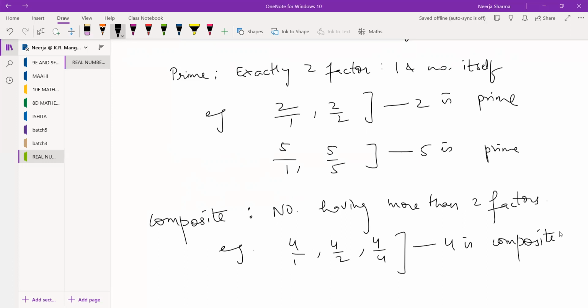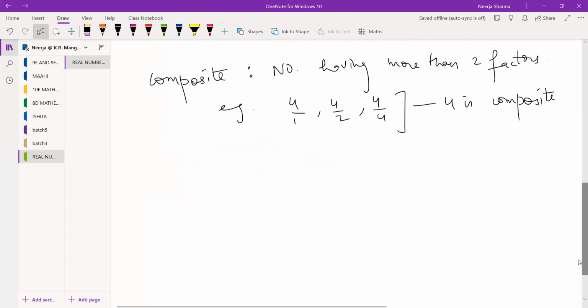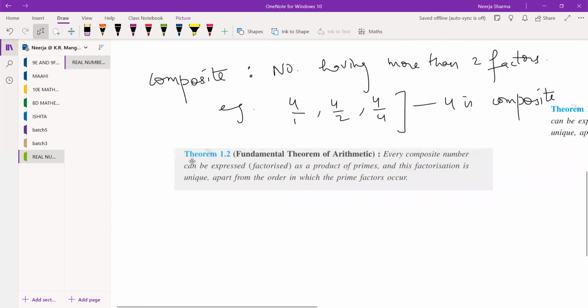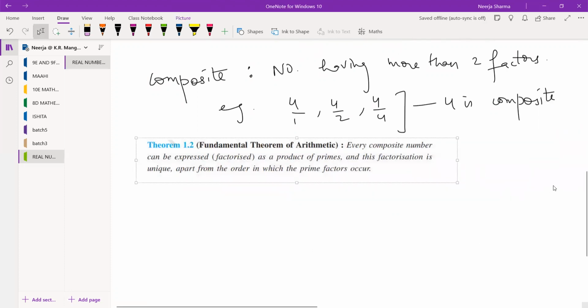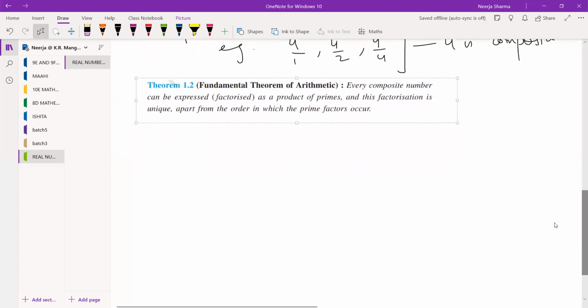Now let's come to the fundamental theorem of arithmetic. This is one important topic, the first topic of class 10th.